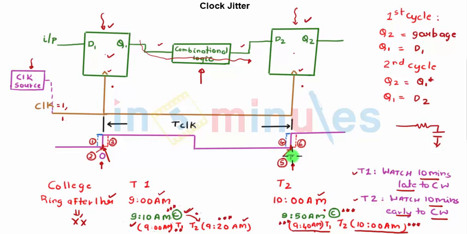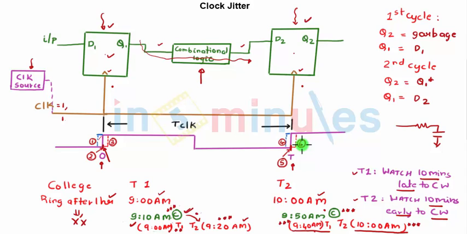It might produce the clock to the first flip-flop either before 0, which is this edge 1 which I have shown, or after 0. Similarly, it can do the same for flip-flop 2 as well. It can produce before t or after t. So before 0 I have labeled as 1, right at 0 is 2, after 0 is 3. This is just the labeling, similarly for the other flip-flop.